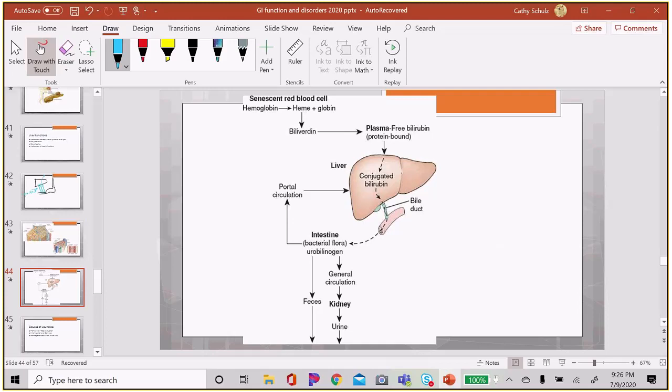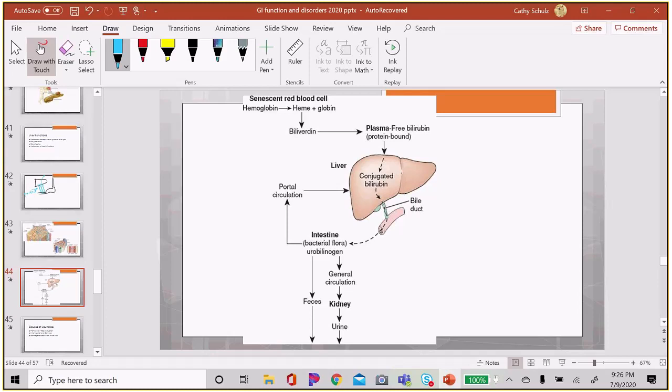When red blood cells have gone through their lifespan, in normal circulation, they get caught up in the spleen where they are broken down into their component parts. The globulin is the protein part. The heme is broken down into porphyrin and iron. We know that iron travels on transferrin and can be delivered into the liver as ferritin or delivered to the bone marrow for renewed red blood cell production.